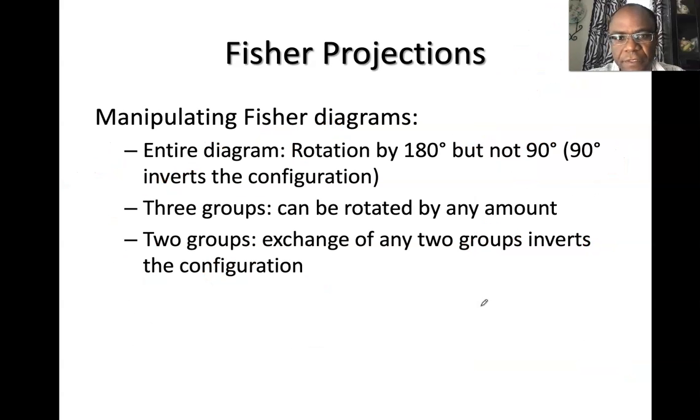So if you exchange any 2 groups, you're going to change the configuration. 3 groups can be rotated by any amount of degrees because sigma bonds can be rotated. For example, let's call these A, B, and C. If I rotate that bond of the Fischer projection, then I'm going to get C on the left, B here, and then A will stay there.